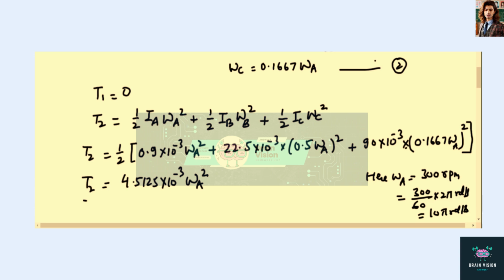Substituting the value here, 4.5125 into 10 pi square, this energy would be equal to 4.4565 joule.